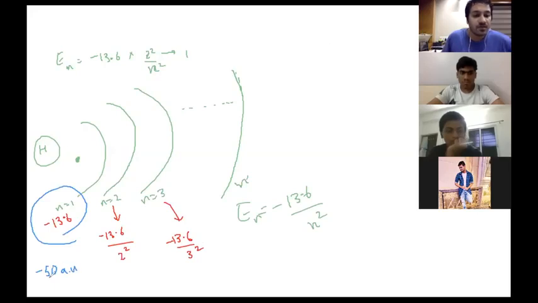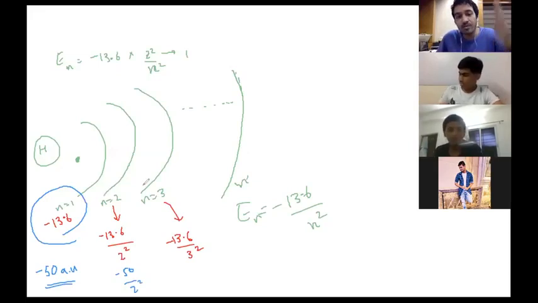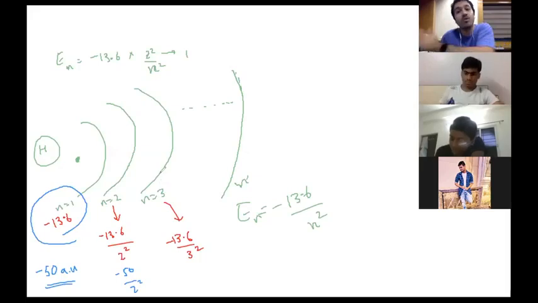This is the energy of the electron in the first orbit, minus 50. Then how much will be the energy in the second orbit? Minus 50 by 2 square. Whatever the energy of the electron in the first orbit, in the second orbit it will be 1/4 of it, in the third orbit 1/9 of it, in the fourth orbit 1/16 of it, and it will always follow this order. So this could be any value. You can always compare it to the energy of the first orbit.